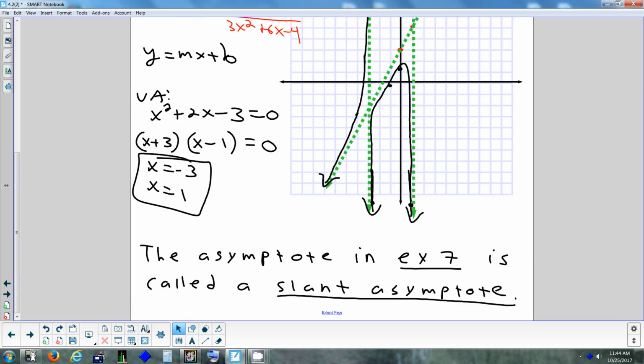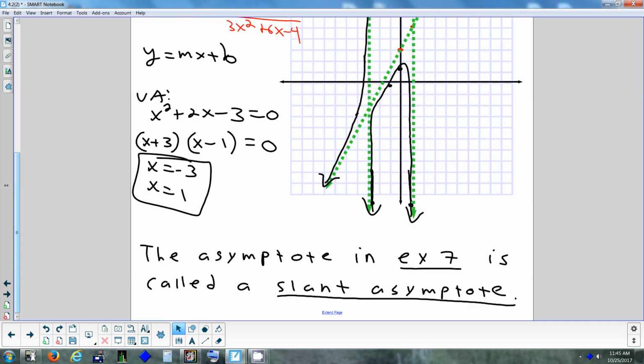Because the asymptote is on a diagonal, it's called a slant asymptote. I would expect on the test to probably see something like that. Not as bad as a parabola, not quite as easy as horizontal, it's kind of in the middle. Any question on that one?